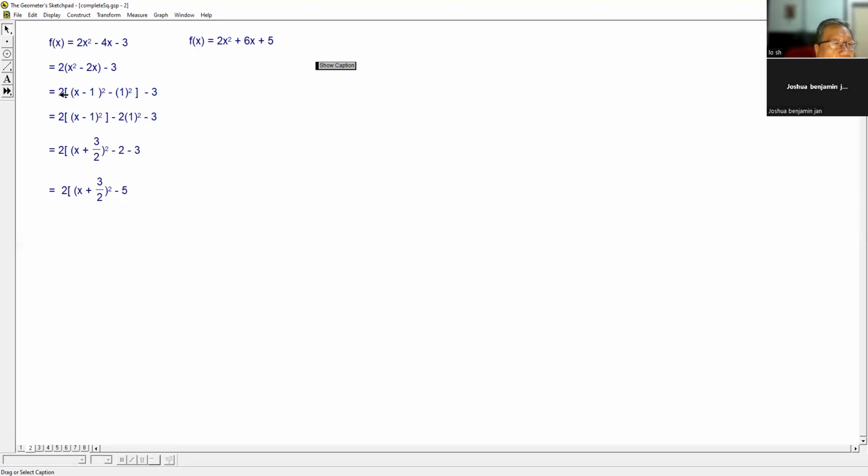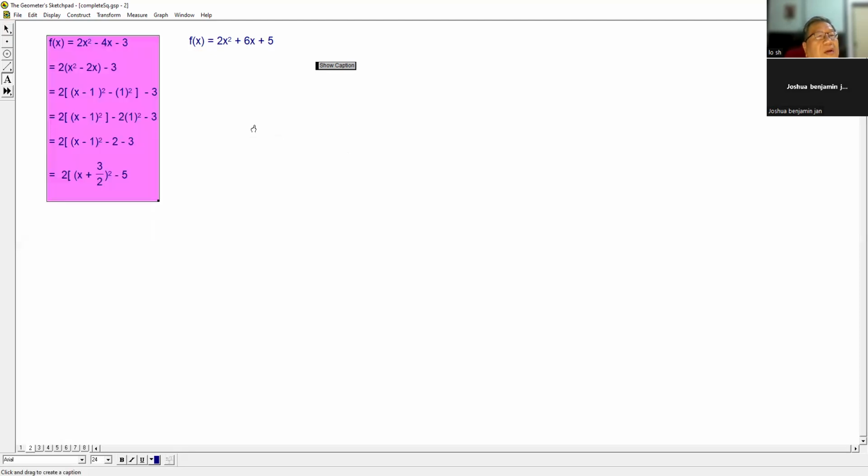When I use the 2, I multiply inside, the 2 will also stop here. They cannot go inside the square bracket. Okay. Then it will become like this.